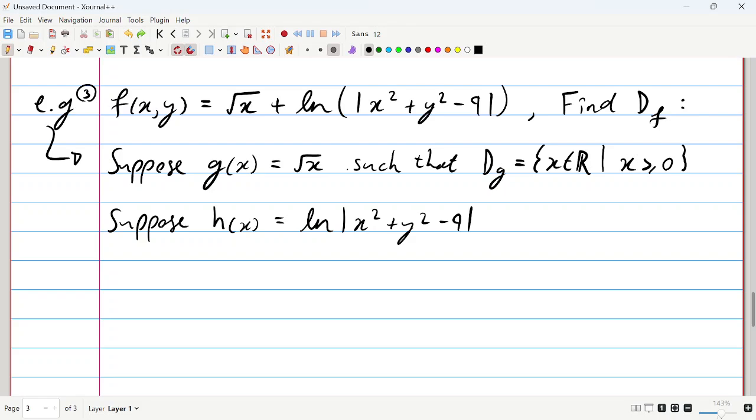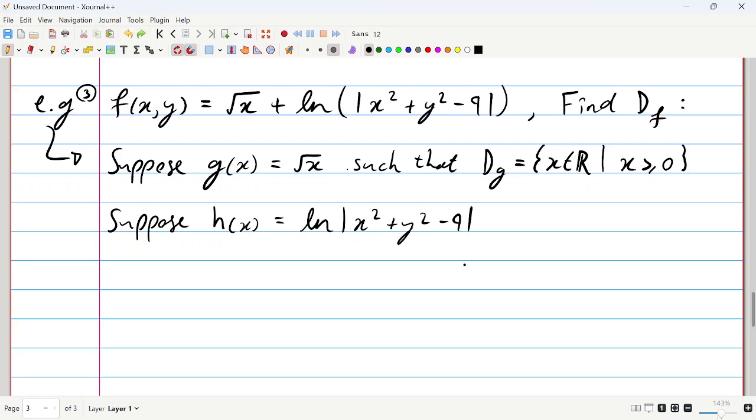And the value must also not be 0, otherwise it's going to be undefined. If you see where I'm going with this one, okay? So therefore, this function must not be negative, and this function must not be 0, but it can be positive.